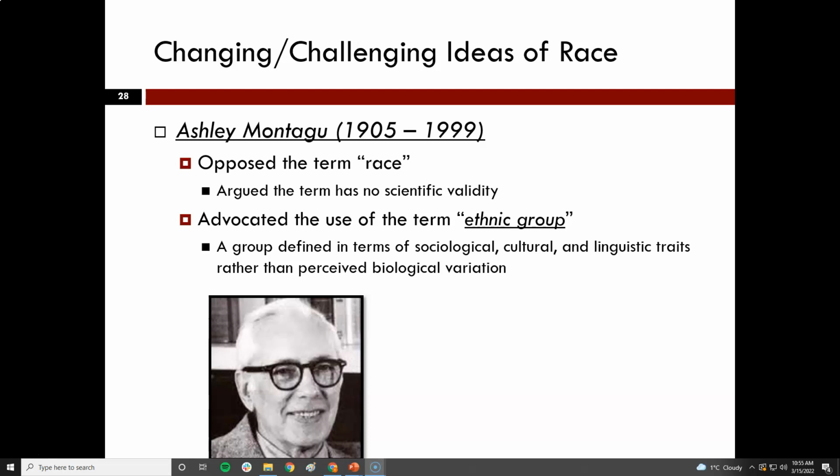So he advocated for the use of the term ethnic group. Now, he didn't create this term, but he liked it because it was much more anthropological in practice, right? Because it recognized that the ways we classify human groups were not just on the basis of biology, but often reflected cultural values. Now, I don't capture this in the notes, and we talk about this more in classes like Anth101 or biological anthropology, where we go into how these systems were derived and how they changed over time.